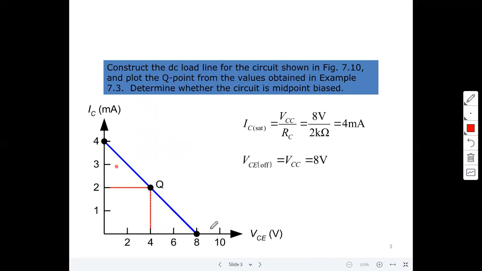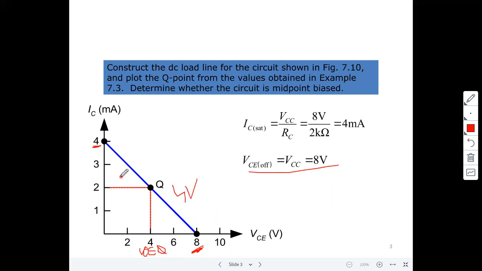This is the DC load line of the previous problem. Maximum VCC is equal to 8 volts and maximum IC is equal to 4 milliamperes. Then VCE off is equal to 8 volts. VCEQ is the VCE output voltage at the operating point, that is equal to 4 volts.